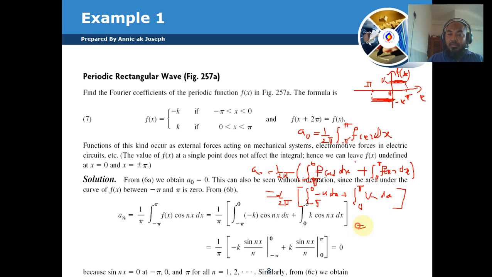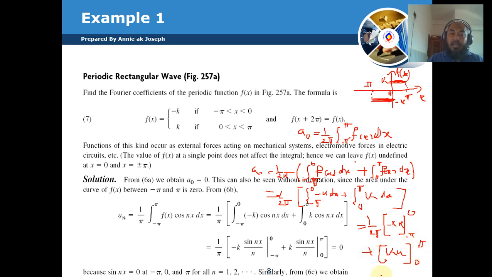Okay, so it will be equal to 1 divided by 2 pi times minus k x from minus pi to 0 plus k x from 0 to pi.